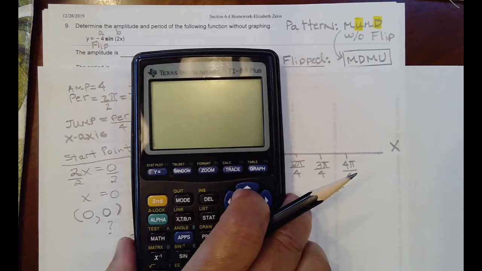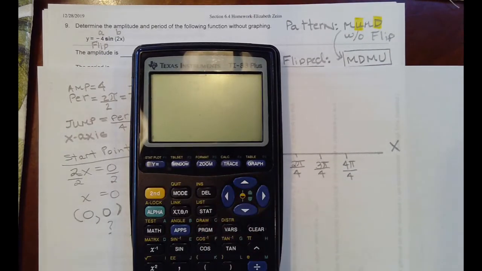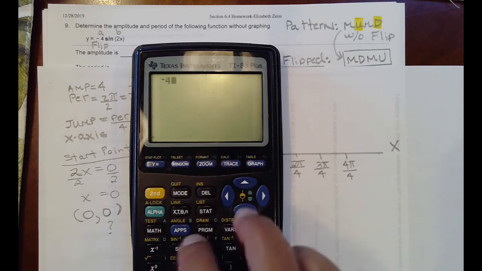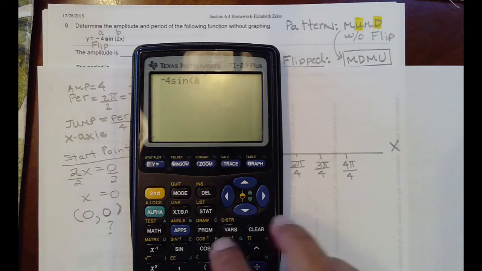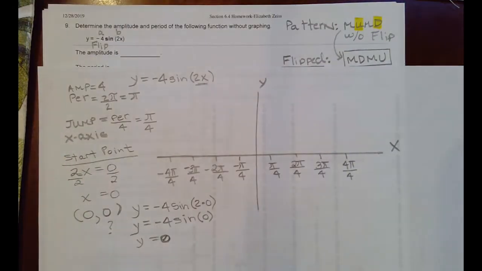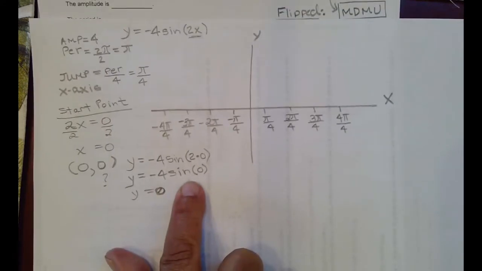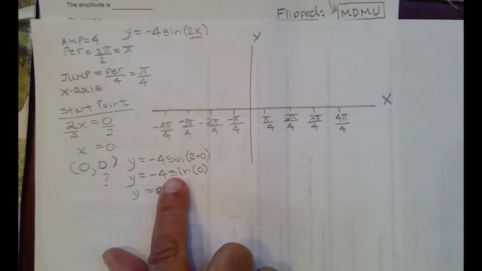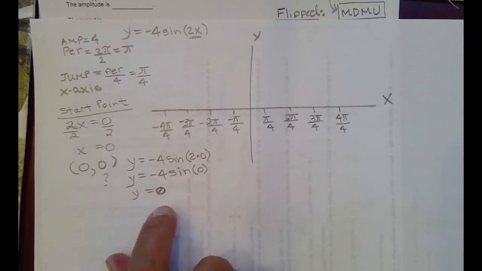We need to know the pattern we're using, because remember, this was flipped. This thing was flipped, and there's the flipped pattern. So that's the one you want to put on your paper, MD, MU, and remember that the first letter of the pattern is with respect to the start point. So that start point is at the middle level. Right there is the start point, labeled at the middle level.